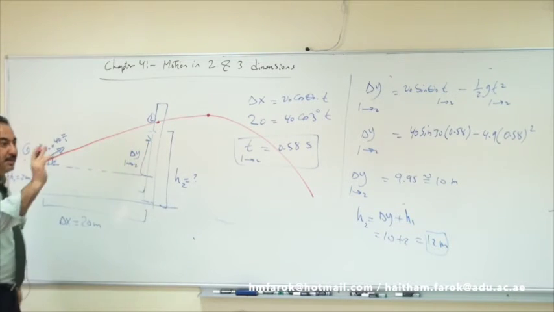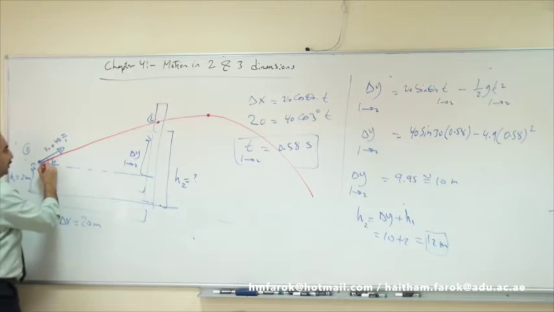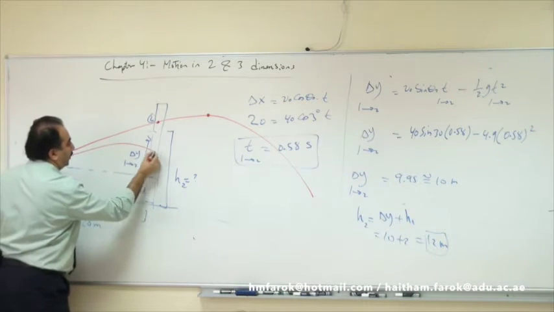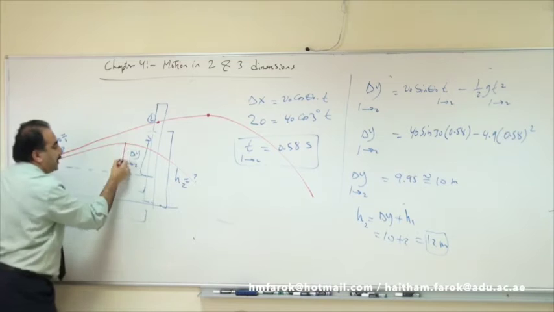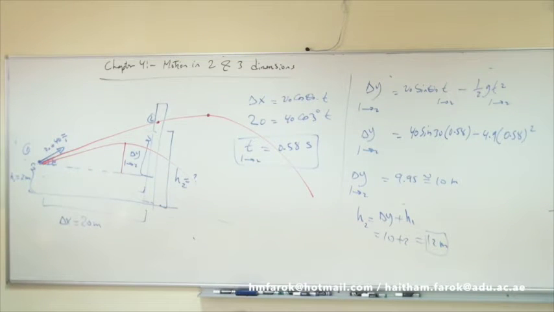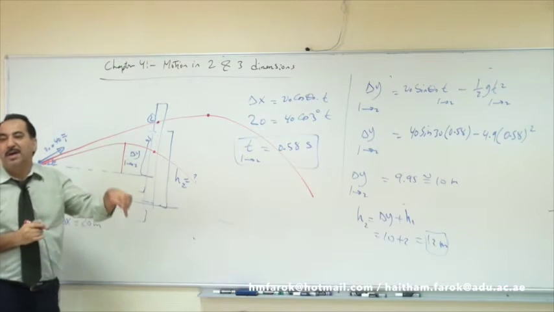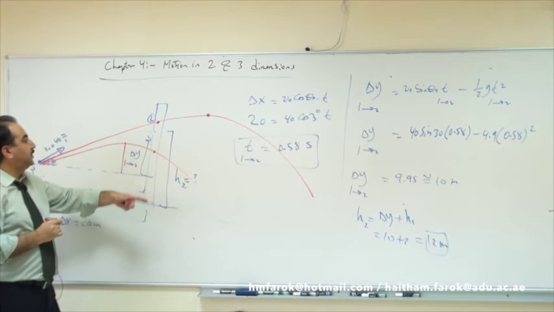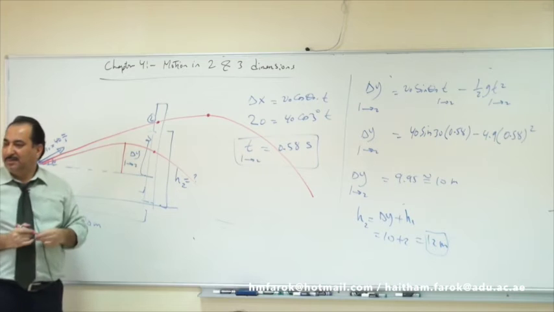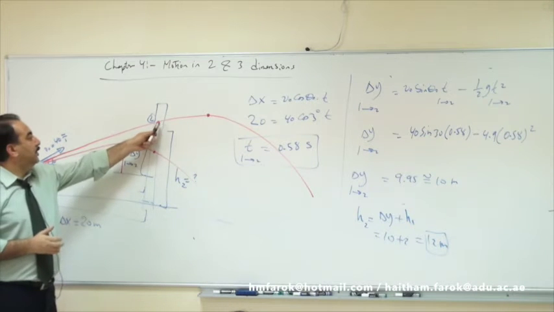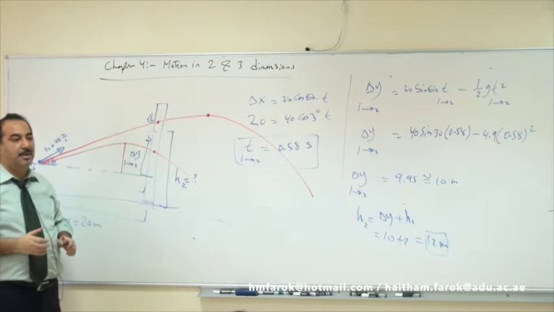No. Maybe it's this. This is the max here. So when it hits the wall, where is it going? So the question says, is it this or this? What's the difference between this point and this point?